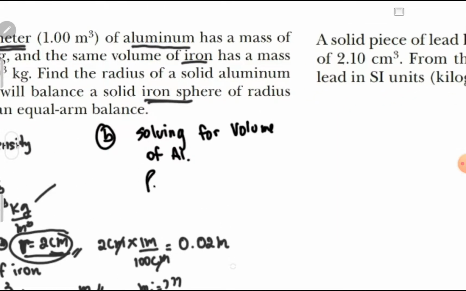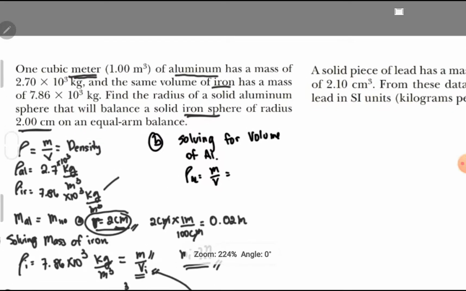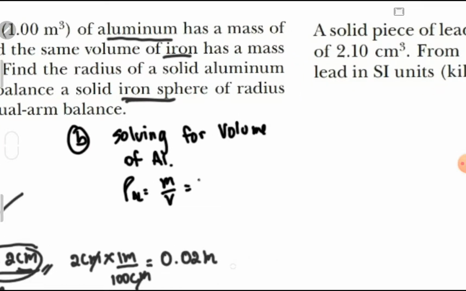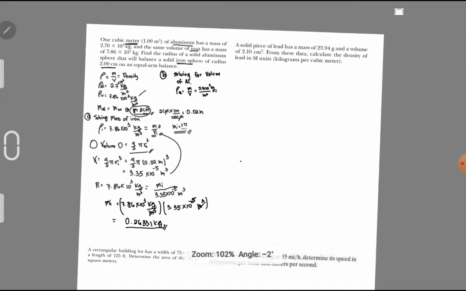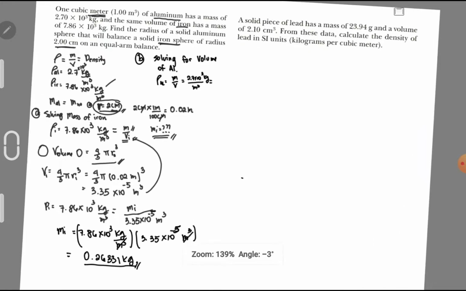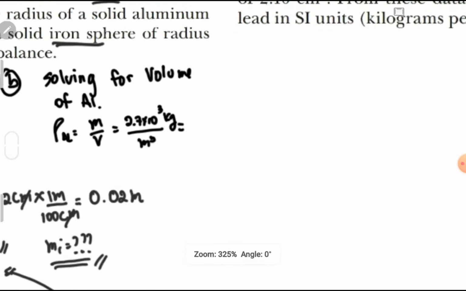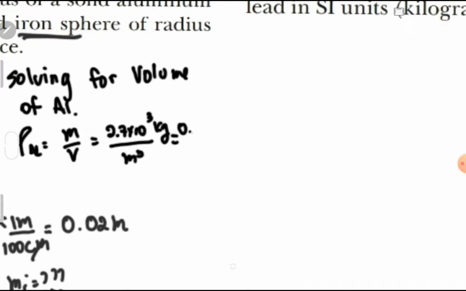the density of your aluminum, which is equal to mass over volume, which is equal to 2.7 times 10 raised to 3 kilogram per meter cube, which is also equal to your mass, 0.26331 kilogram, divided by your unknown volume.